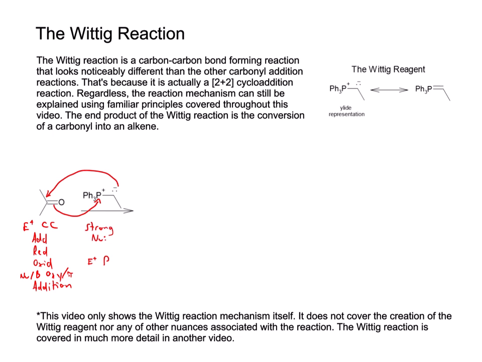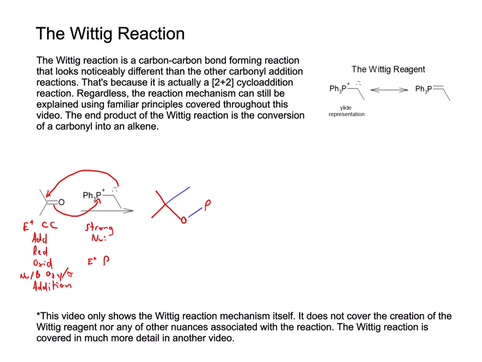What I'm going to do first in this drawing is draw the oxygen on a single bond rather than on a double bond because we used those pi electrons. Now I'm going to draw our two new bonds, and I'll switch colors to draw the new bonds in blue. The oxygen forms a new bond with phosphorus, and the carbon formed a new bond with the other carbon.